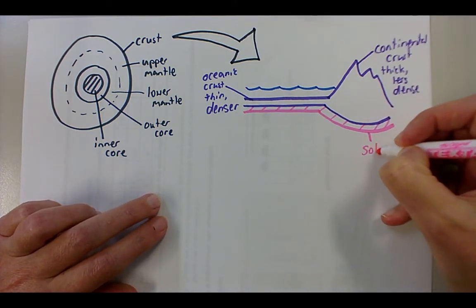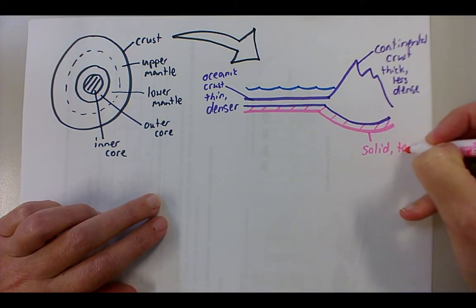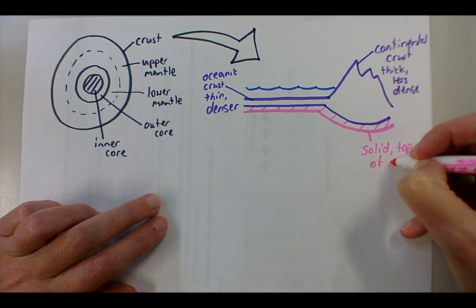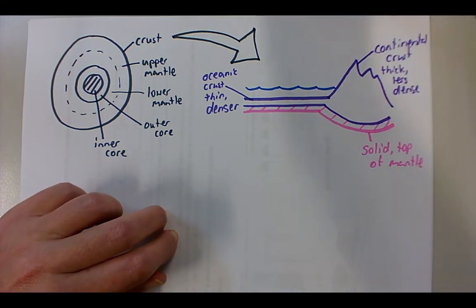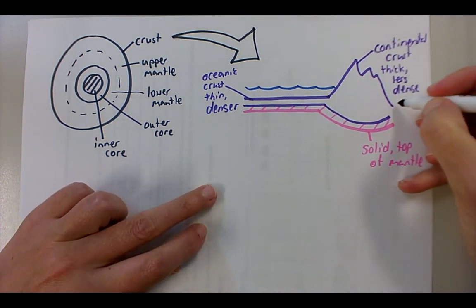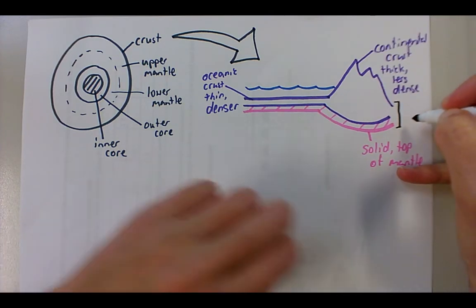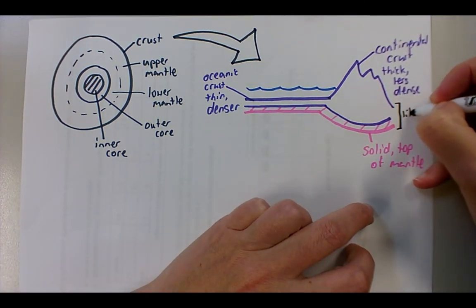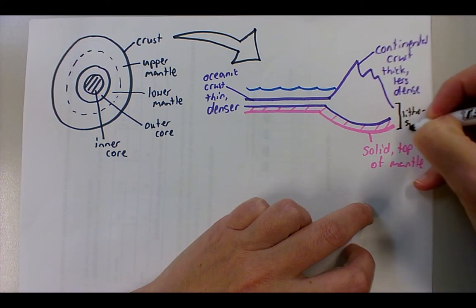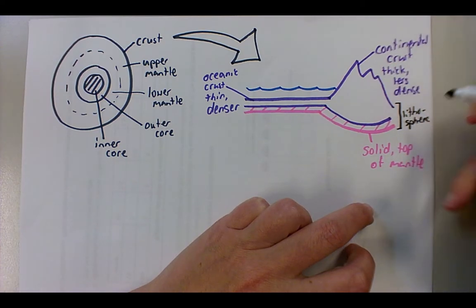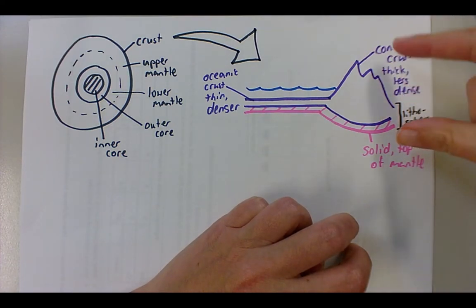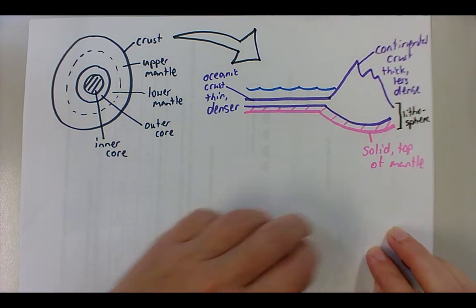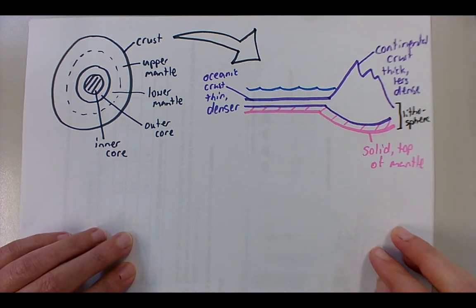So we would say that is solid top of mantle. Okay, so that, just going to put in a little label here. That is the lithosphere. Those two components all together. Okay, in fact, that should extend to show the whole continental crust there.